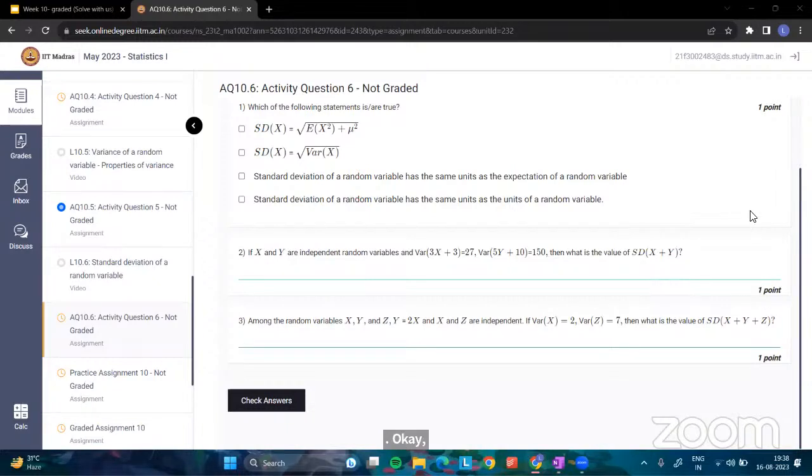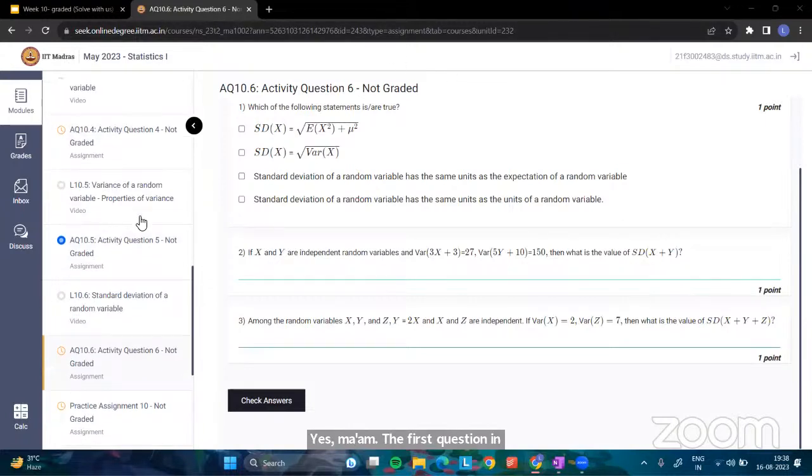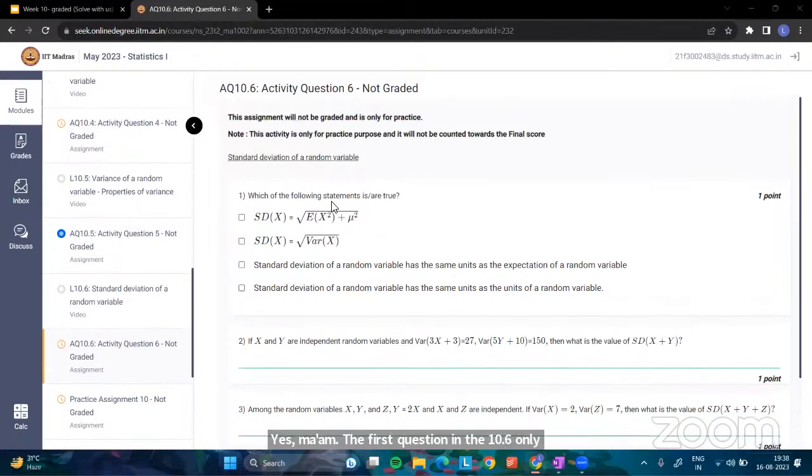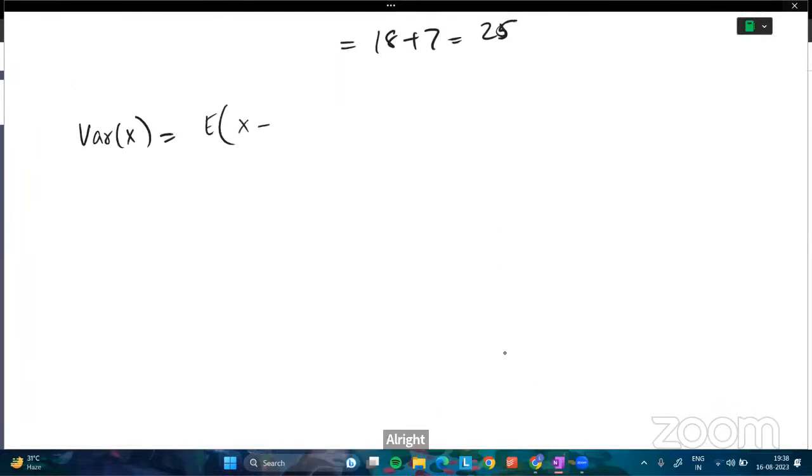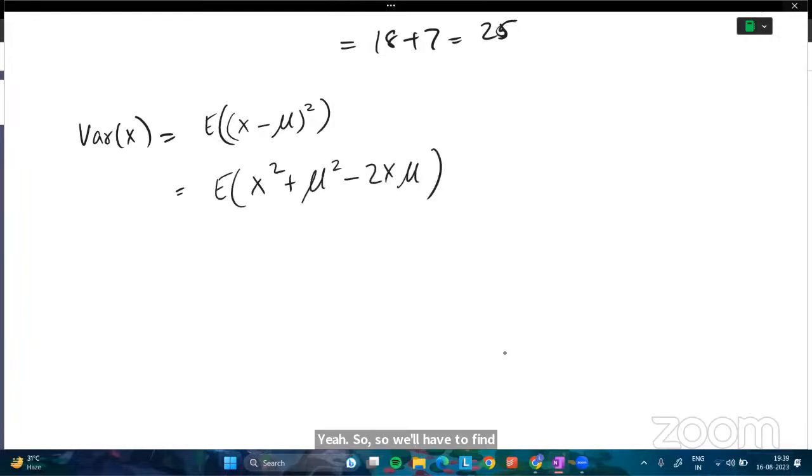Yes, ma'am. The first question in the 10.6 only. How come the first option is not the answer? Okay, so what is the variance formula? So we will have to find x square plus mu square minus 2x mu.